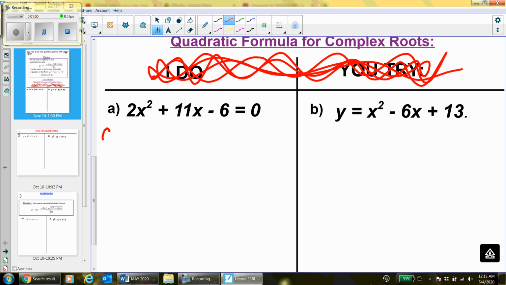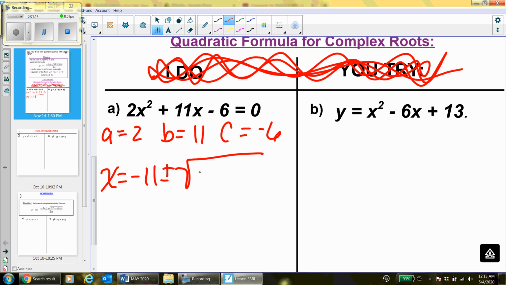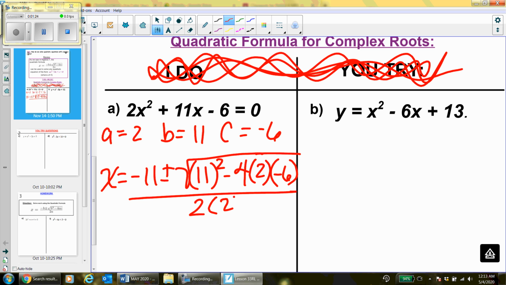Identify A, B, and C. My A is 2, my B is 11, my C is negative 6. Then plug it into my formula. Now I'm going to work with what's inside of my parentheses first.